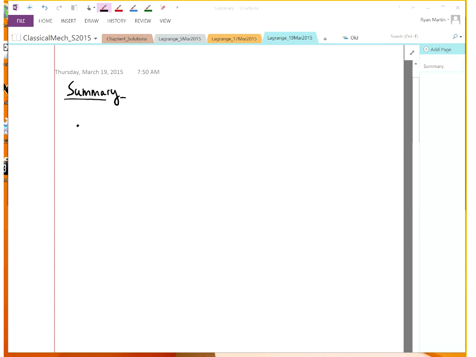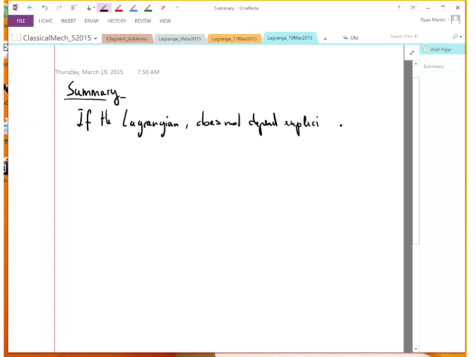So we found that if the Lagrangian does not depend explicitly on time, that is, ∂L/∂t equals 0, so there are no t terms inside of the Lagrangian.